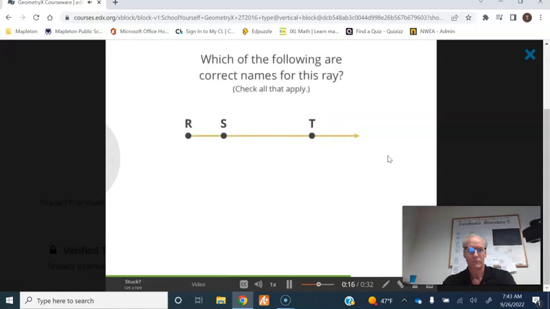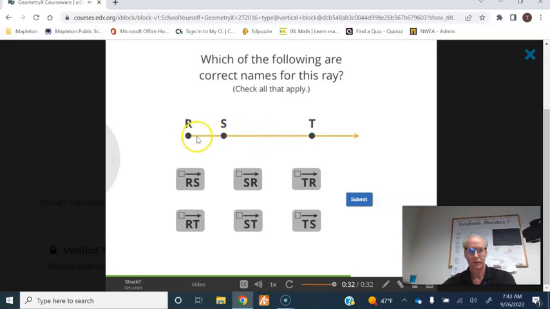Next, take a look at this ray here with points R, S, and T. Since 3 points are labeled here, there's more than one correct name for this ray. So which of these names down here are correct? Remember, the first letter in the name is always the ray's endpoint.